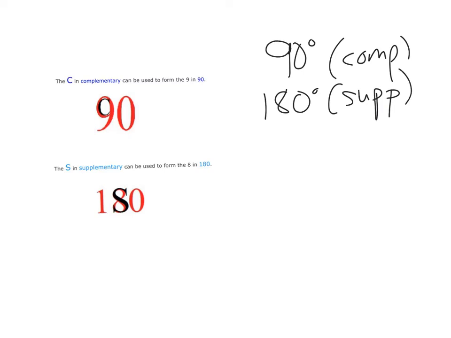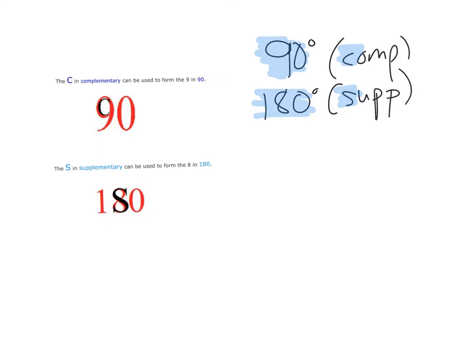It comes first when you're counting, 90 comes before 180. And then if you think about it, C comes before S alphabetically, and 90 comes before 180 when you're counting. So the lower number matches the letter that comes before.